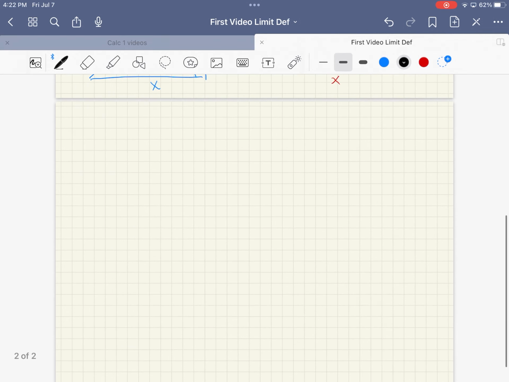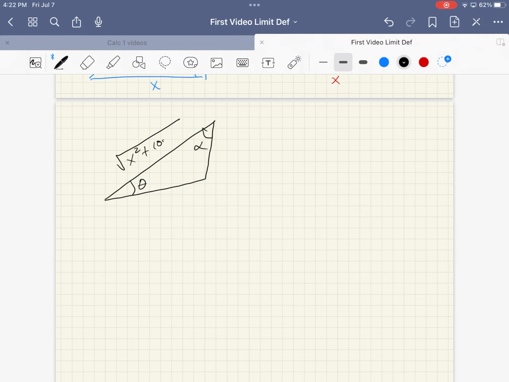So I'm going to redraw that triangle here, where this is alpha, this is theta, this is the square root of x squared plus 100, and then this is the square root of x squared plus 9, and this is 7.